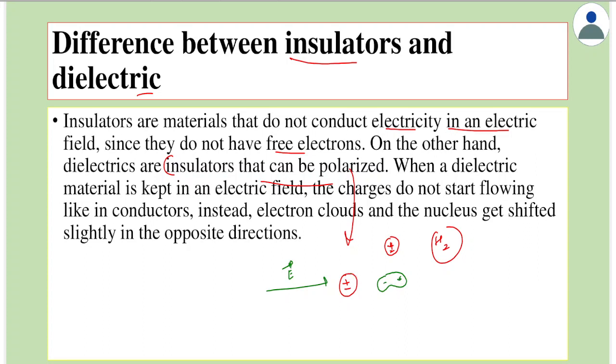So we have gone from here to here, and it is said to be polarized. So dielectrics can be polarized, unlike an insulator. The difference between insulators and dielectrics is that insulators will not provide current, but dielectrics also will not provide current, but they can be polarized.